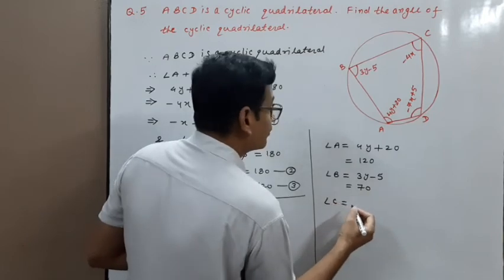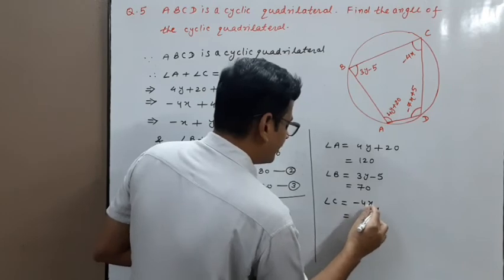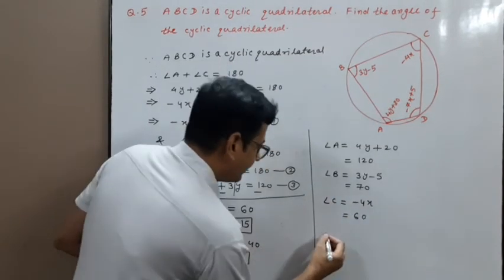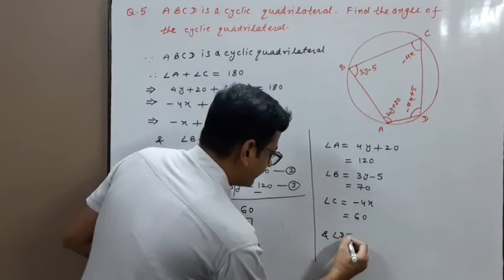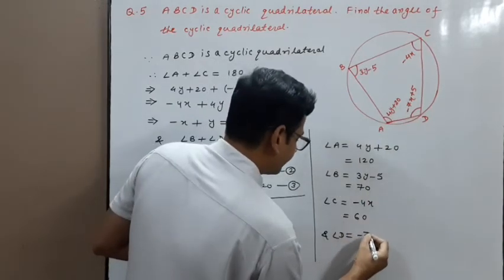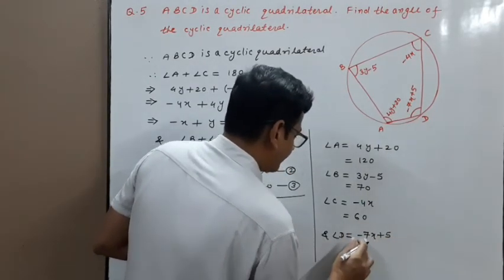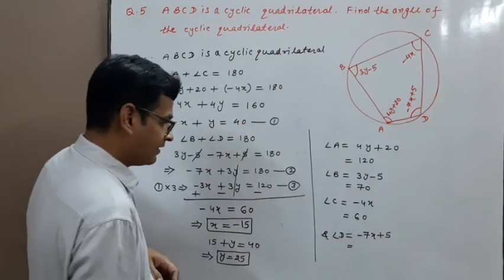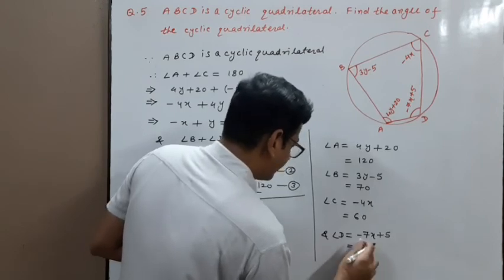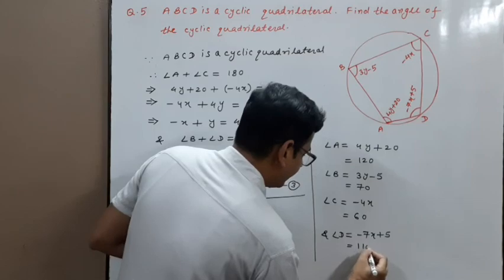Angle C is equal to minus 4x. Minus 4 into minus 15, so plus 60. And at last angle D is equal to minus 7x plus 5. 7 into minus 15, so 105 plus 5, 110.